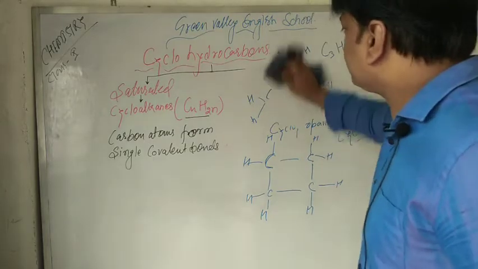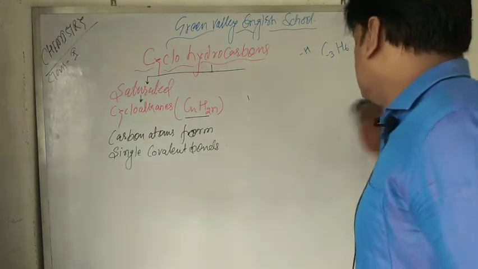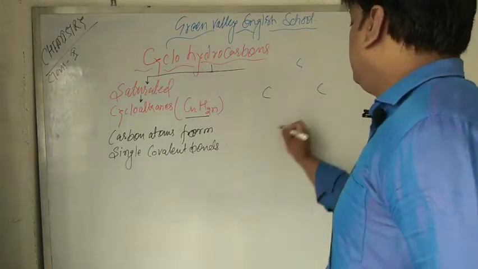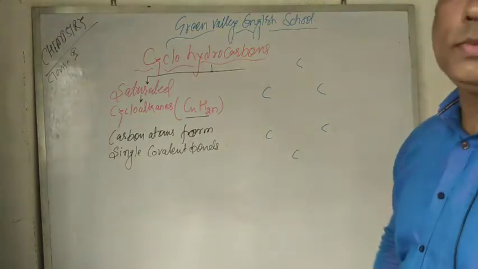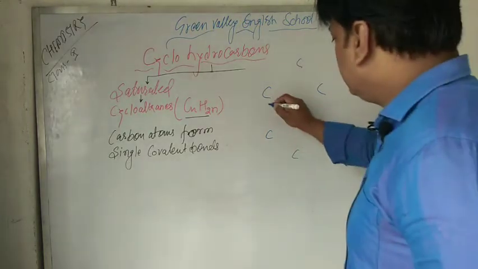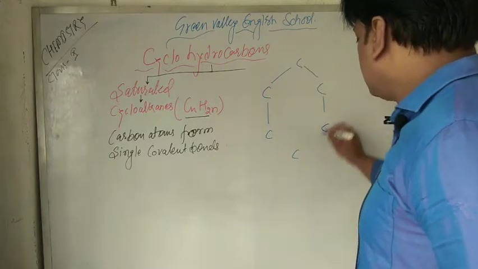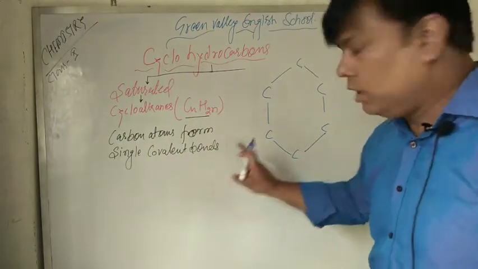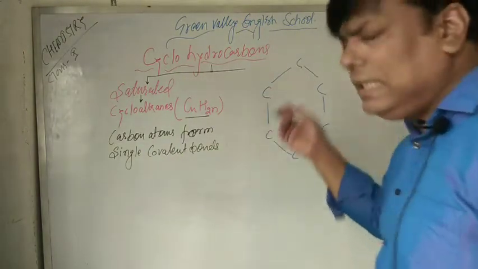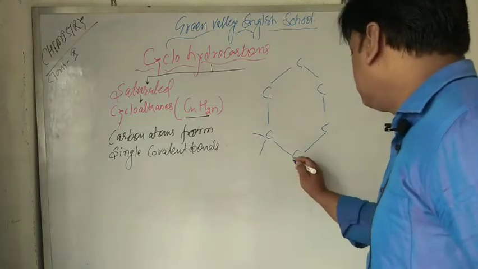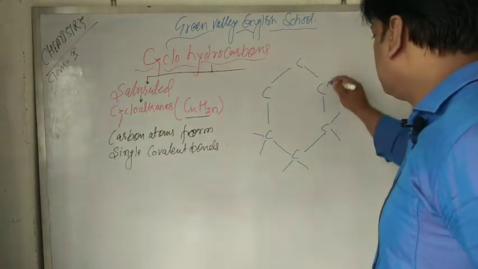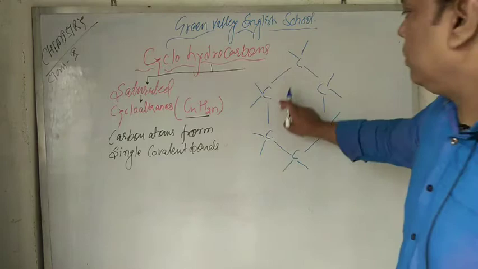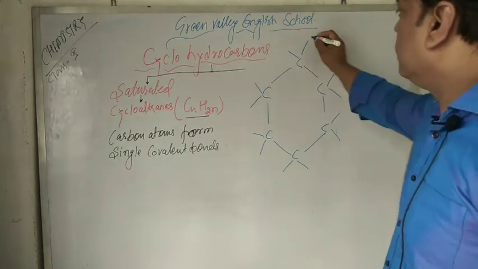Similarly, what is the name of this compound? 1, 2, 3, 4, 5, 6. Carbon is tetravalent. There is a single bond between carbon and carbon, and each bond should be single. The valency of carbon is 4, so the rest are filled with hydrogen.